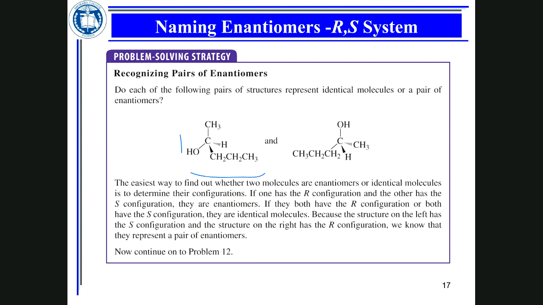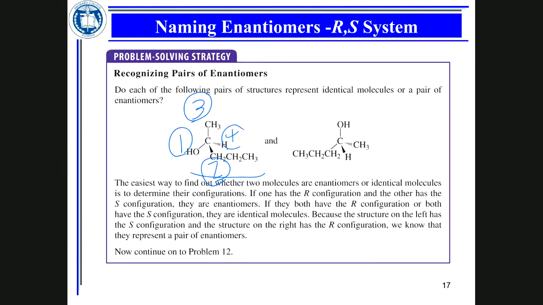And second, it would be methyl or propyl. Propyl would take the second priority, 2. And ethyl would be third priority. And hydrogen is going to be priority 4.